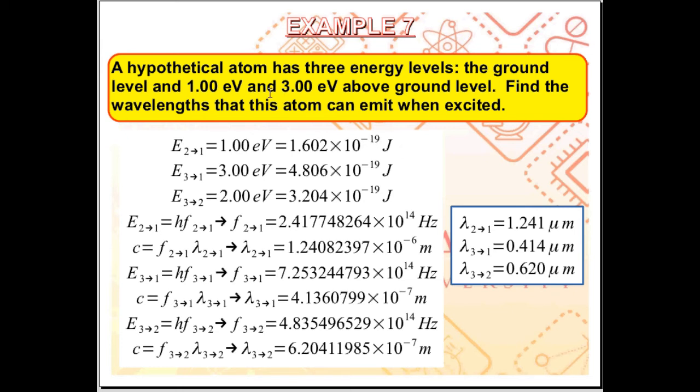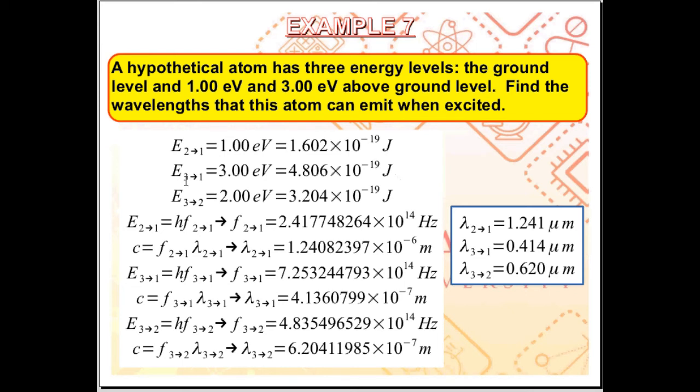Then another possible transition is from the second excited state to the ground level. So E3 to 1 is 3 electron volts, or 4.806 times 10 to the negative 19 joules.